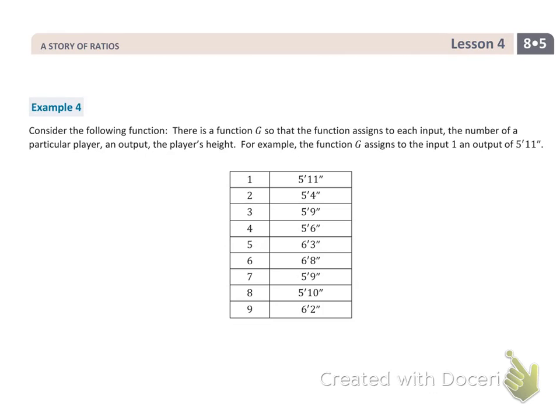Well, the function assigns 5'4" to player 2. So since each player only has one height, the height they are is the height they are, there's not going to be another number that could be assigned to 2, or to 3 or 4, whatever the input is.